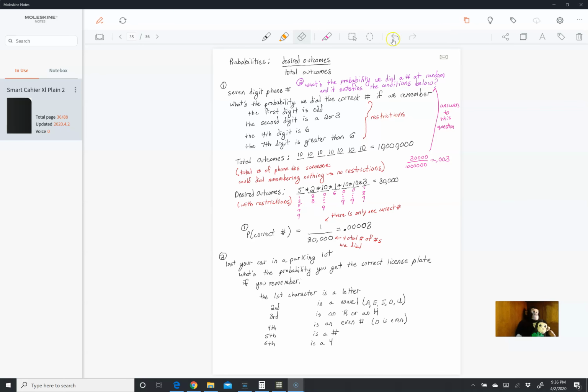So the next set of things I said that we're going to talk about are probabilities with these combinations and permutations, okay? So we're going to be using the fundamental counting principle a lot. We're going to go through just a few examples of these probabilities with permutations and the fundamental counting principle.